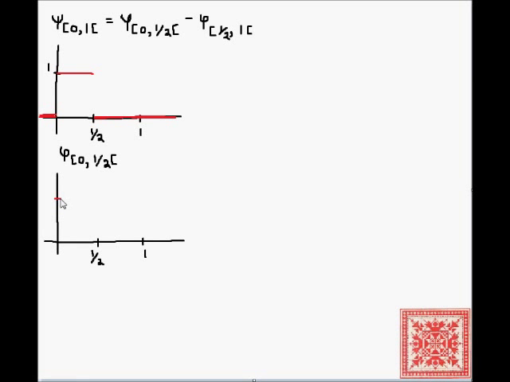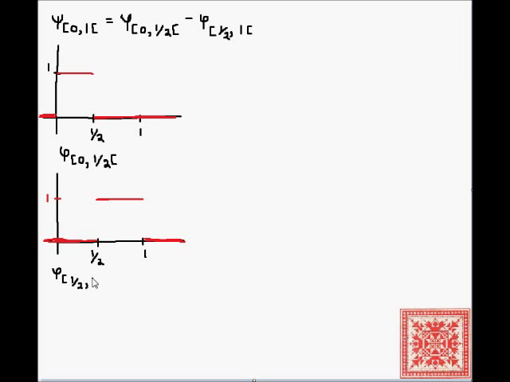Alright, and then let's graph phi from 1/2 to 1. So it's this, a step function. And then we take the minus of that step function.